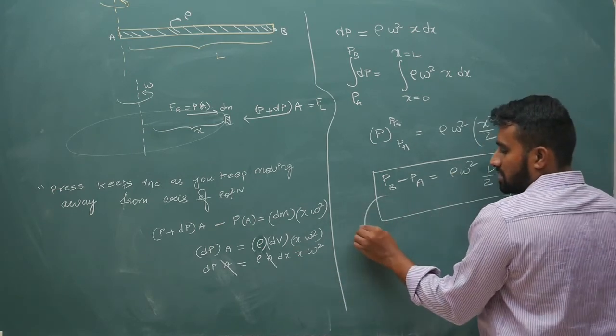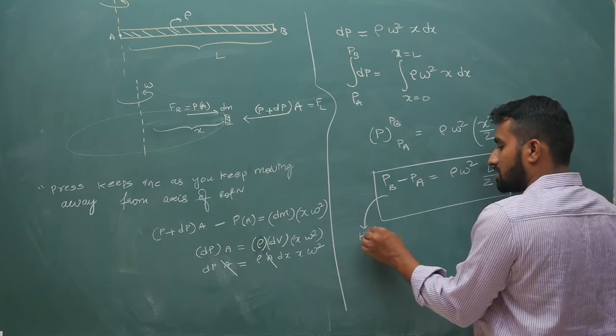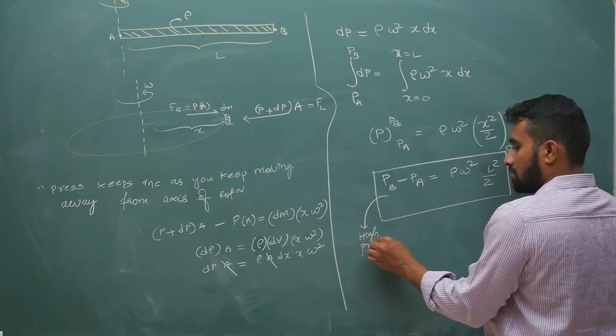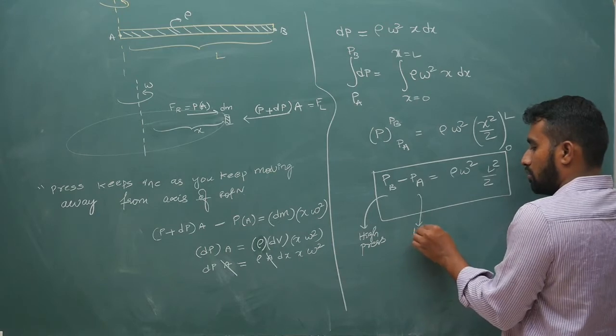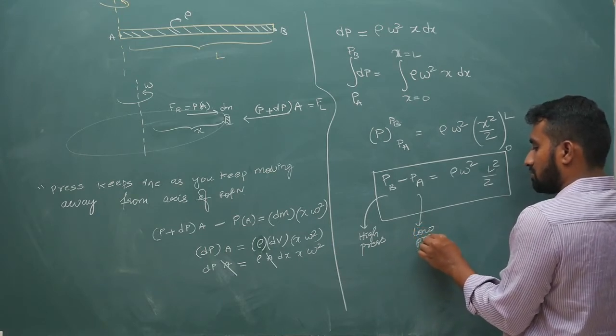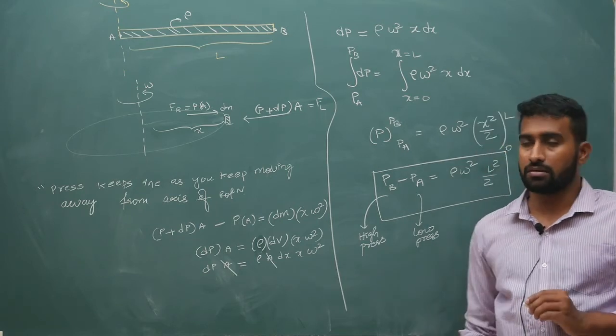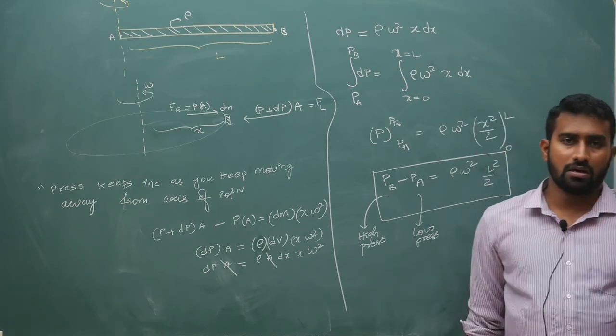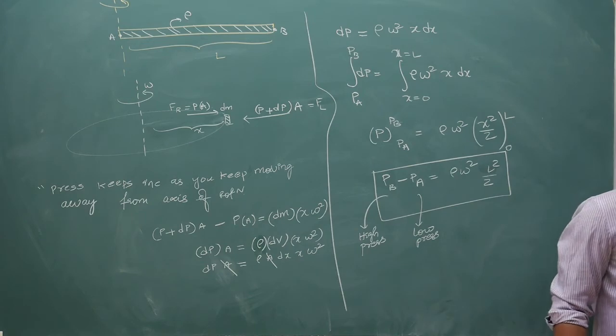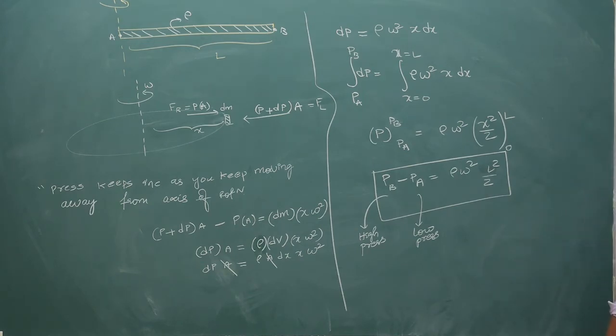So this is your high pressure region, this is your low pressure region. This you must definitely keep in your mind. Alright, now I will erase this. You just simply copy it down.